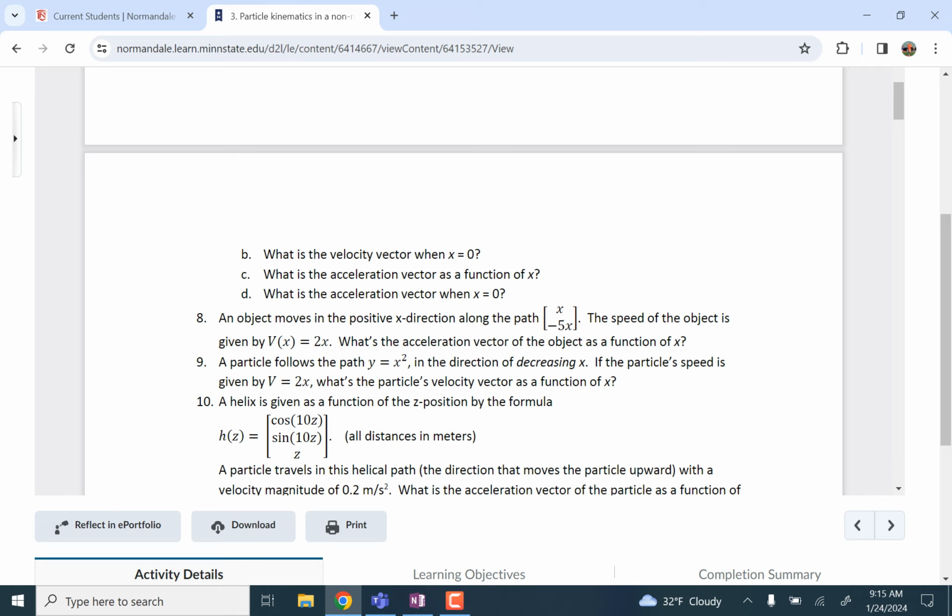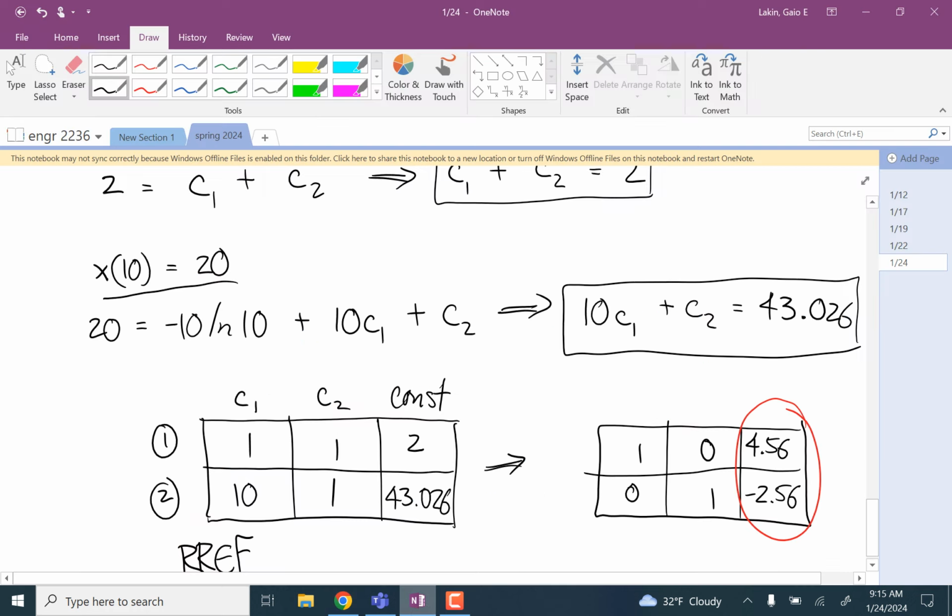Okay. So this object is moving in the direction that x is increasing along this path, x, negative 5x. In this case, you can actually draw what's going on.